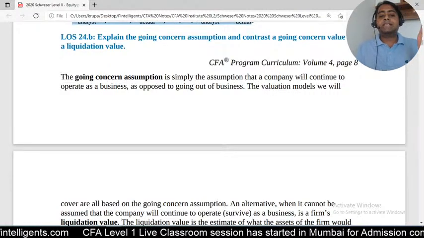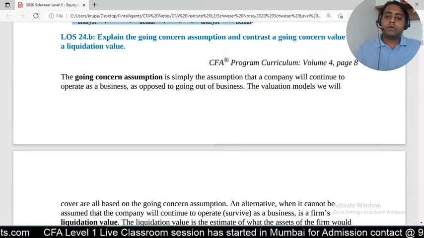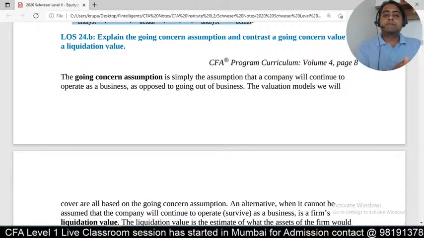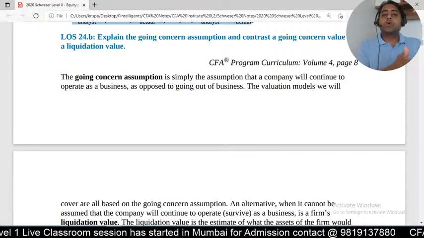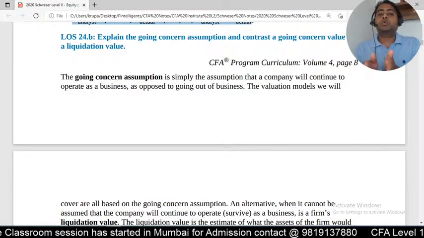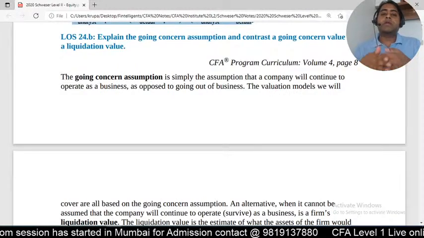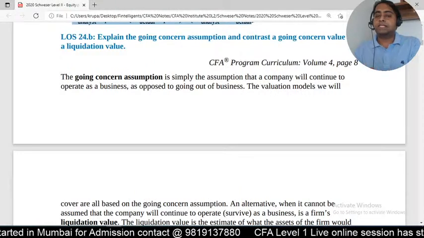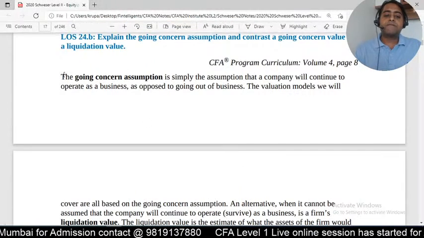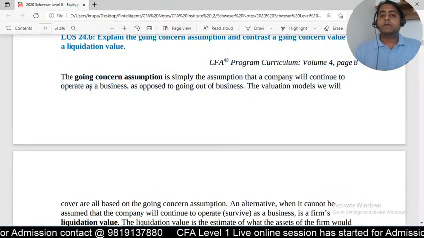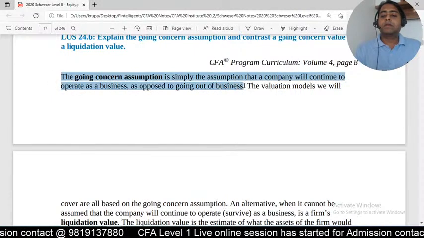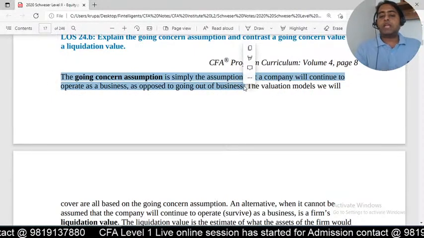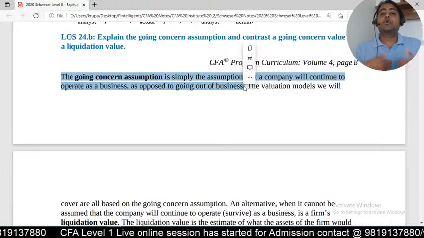That is why we call it a going concern. If the business is running, you call it a going concern. If the business is about to get liquidated or shut down, then we call it a gone concern. So read these first two lines. It talks about the going concern assumption and going out of business. Going out of business means gone concern.